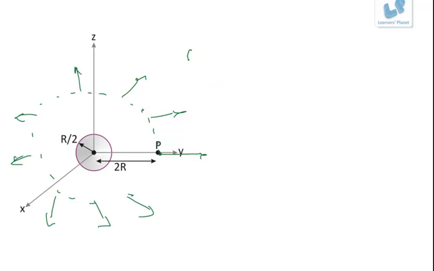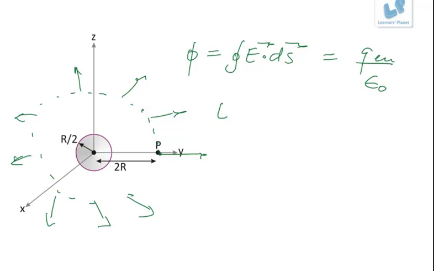Now phi is equal to E dot ds, which is equal to Q enclosed upon epsilon naught. E will be constant, that is E2, and the total surface area will be 4 pi (2r) whole square, which is equal to Q enclosed.